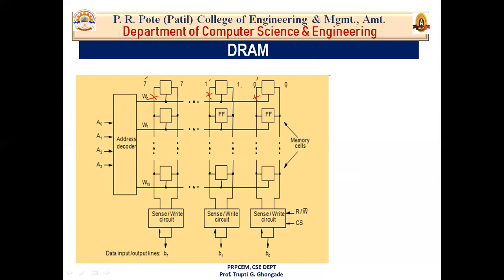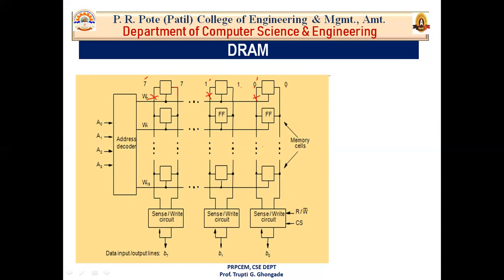Okay, so now looking at this chip, it consists of many cells, and the cells are arranged in rows and columns. All the cells are arranged in the form of an array, with several rows and several columns.